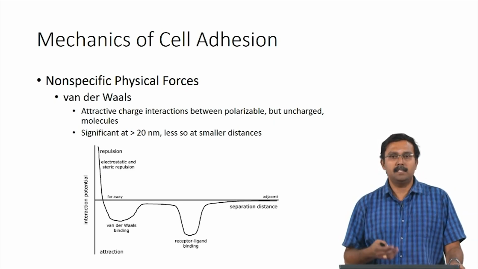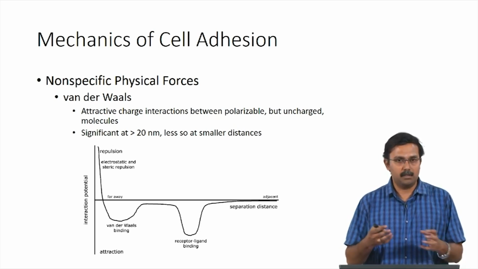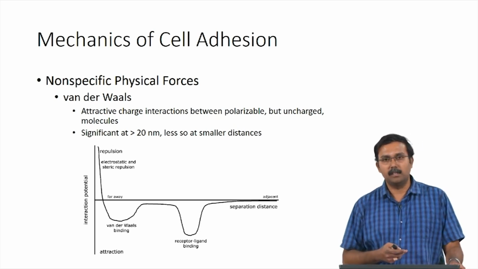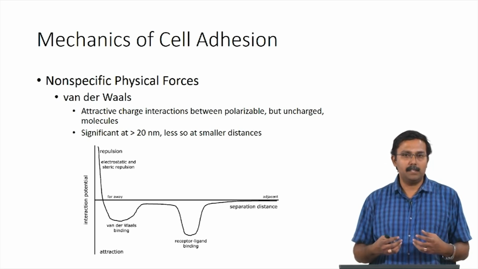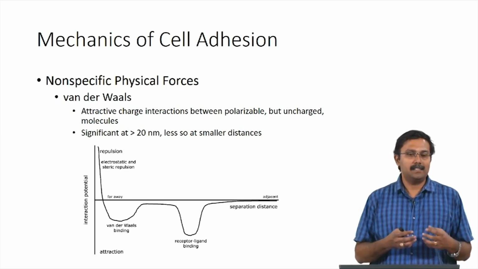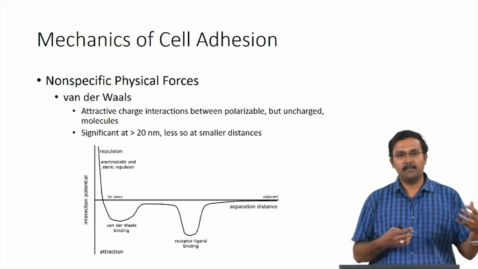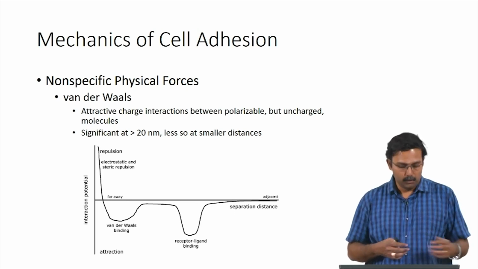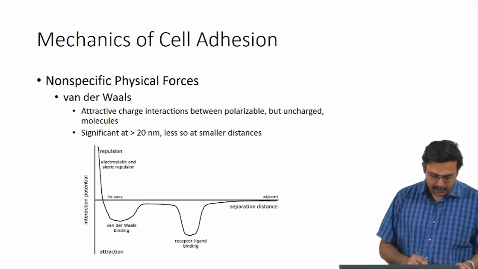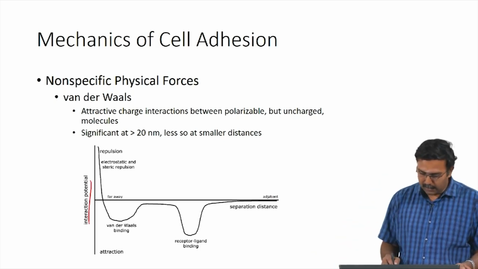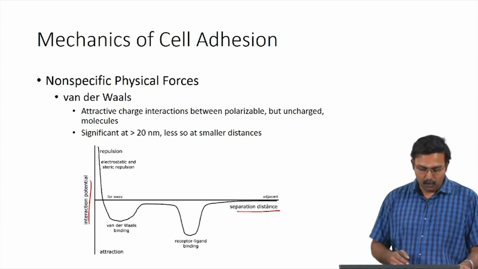Attractive interactions between polarizable but uncharged molecules are called van der Waals interactions, and this is significant when the distance is greater than 20 nanometers and it is less important when it is very close, because other factors play a bigger role. The graph you observe here, the interaction potential versus separation distance, shows you the overall effect.